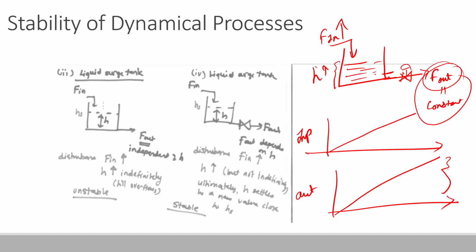So using this control valve, initially we can control the level of the tank to some fixed value. This is the plot of the level. My output will be bounded to some fixed value if I use the control valve. That is, using a control valve, we are converting an unstable system into a stable system.